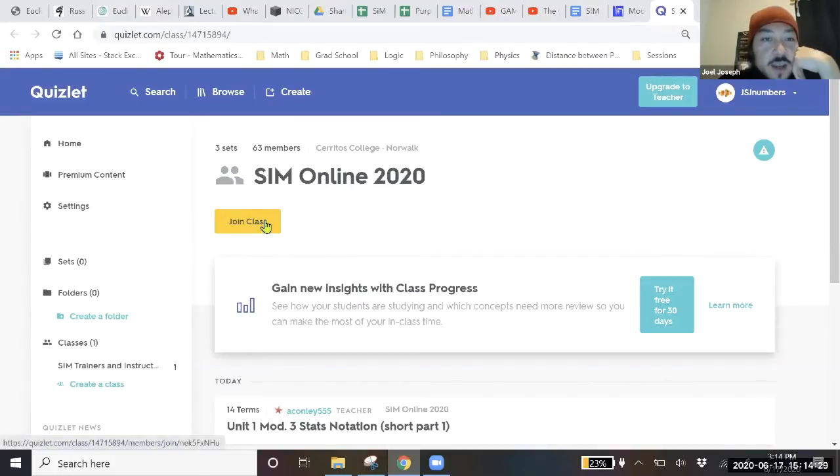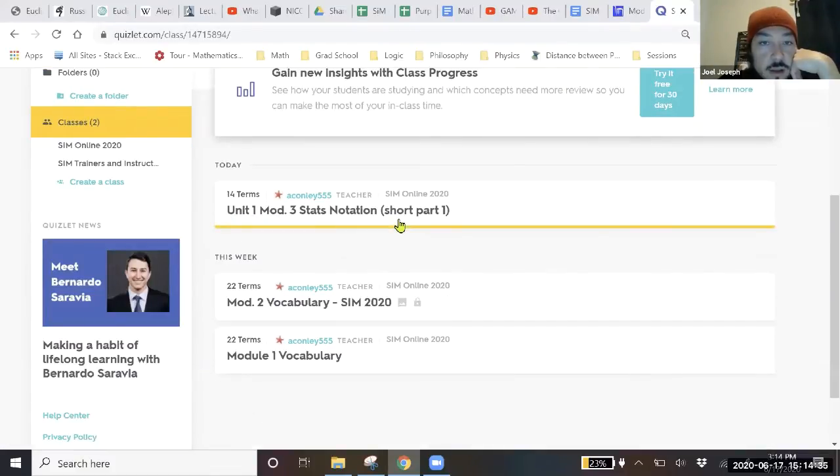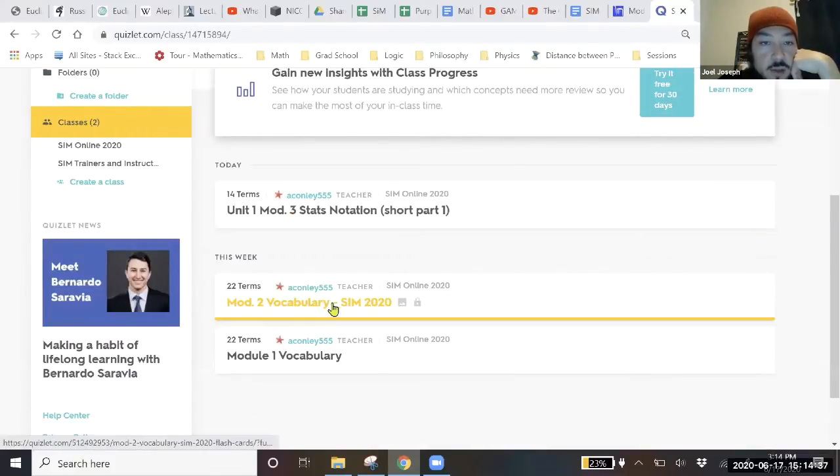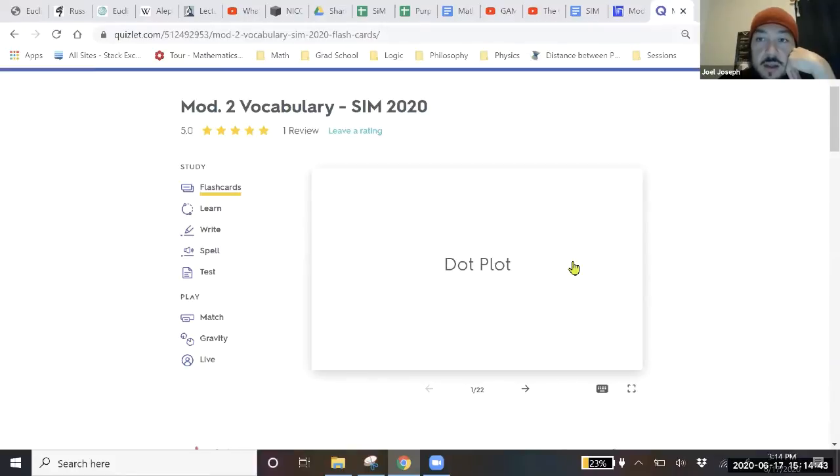Maybe I haven't joined myself. I'm going to hit join. And module 2 vocabulary. This is what it would look like. So try to see if you can join or send a request, or maybe create an account.